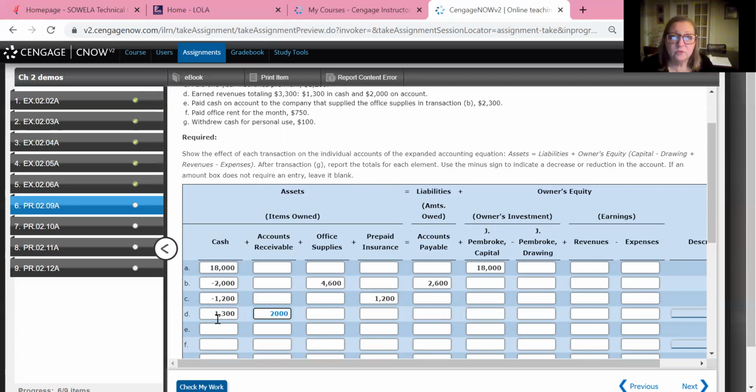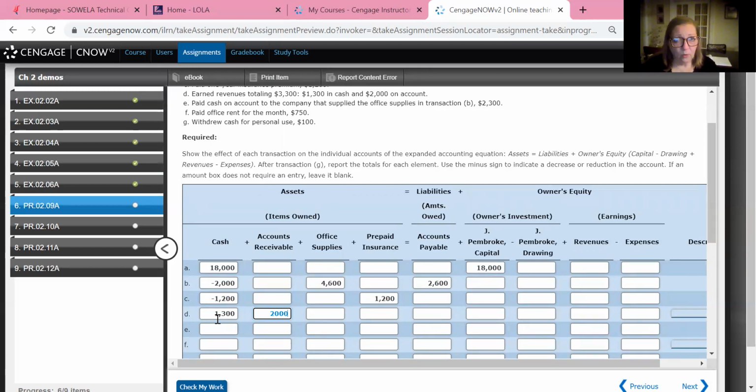That means we're going to receive it in the future. That's why it's called accounts receivable. By the same token, accounts payable is something we're going to pay in the future. So we're keeping track of the balance that we're going to pay in the future. That's why we call it accounts payable. If it's something we're going to receive in the future, we call it accounts receivable.